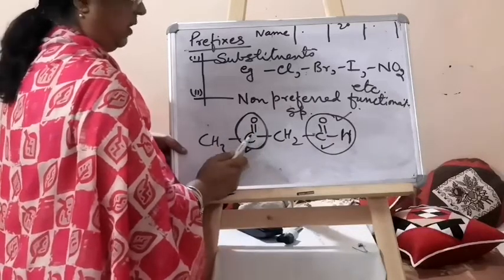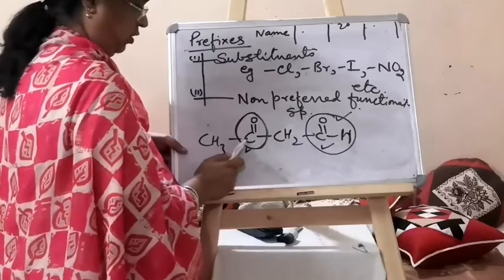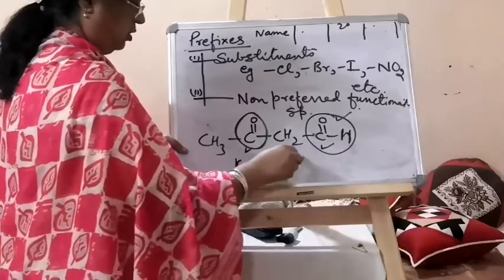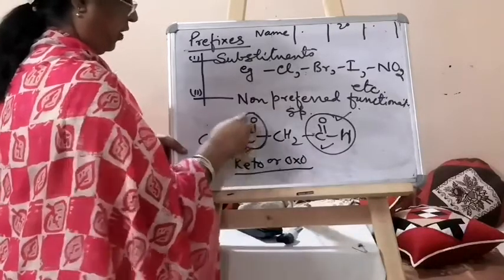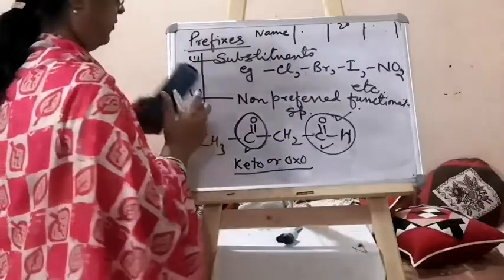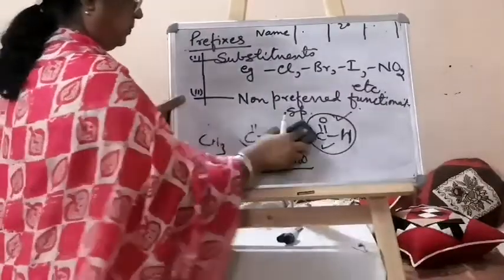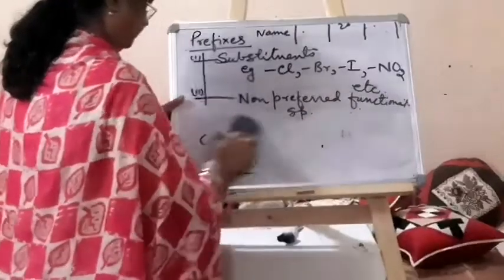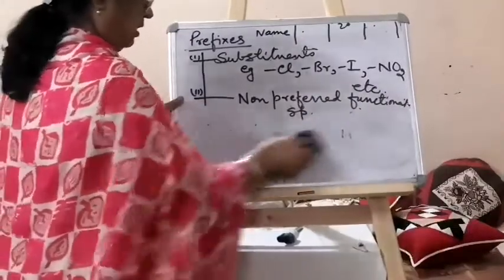What is the prefix for a ketonic group? Either keto or oxo. This you will have to learn. So for this we will use a prefix because it is a non-preferred functional group. This learning part you will have to do. Okay.